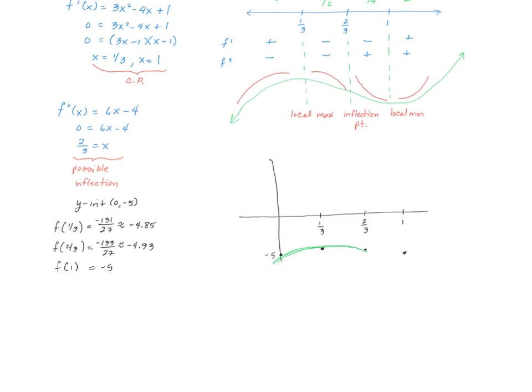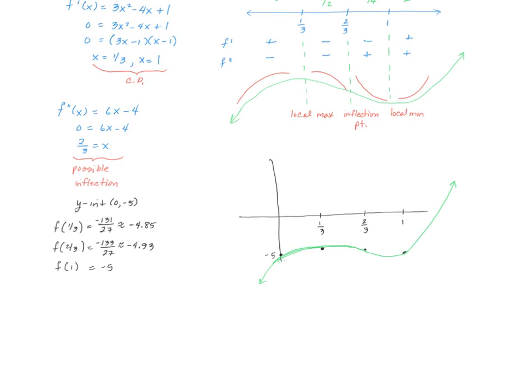And we're going to change the concavity from concave down to concave up. And then it's going to remain concave up, so the graph is just going to keep going. Okay. And then this would remain concave down. So this is the basic shape of my graph.